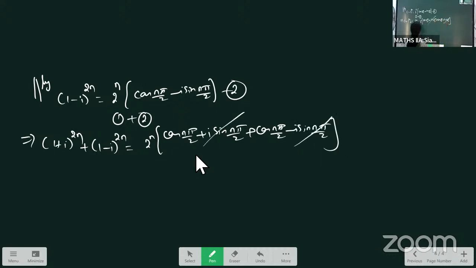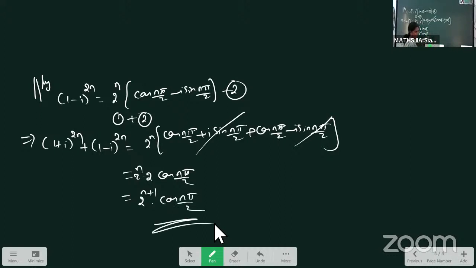The i sin terms cancel. So 2 to the power n into 2 into cos n pi by 2. If bases are the same, powers should be added: 2 power n plus 1 into cos n pi by 2. This is what he is asking, right?